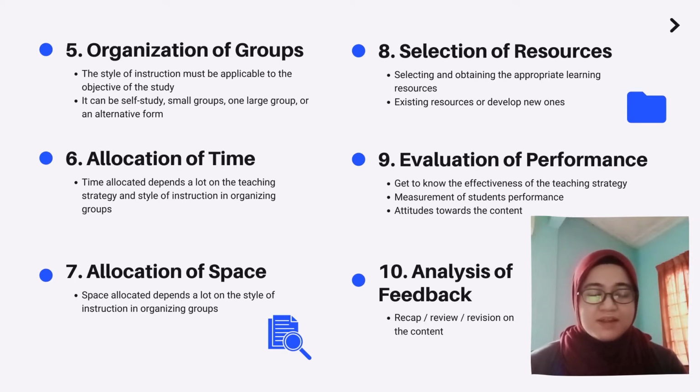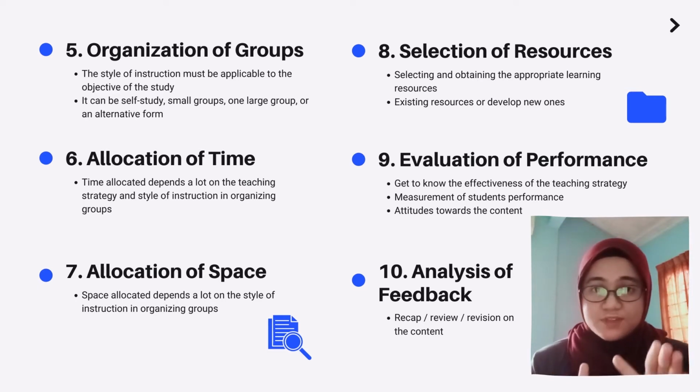For example, an online platform like WhatsApp, for them to actually discuss and do the task appropriately. Now that is space. It can be an online platform, or if you're doing it in class, you can let your students have their own space, like sitting in a group and discussing the task. Now that is allocation of space.